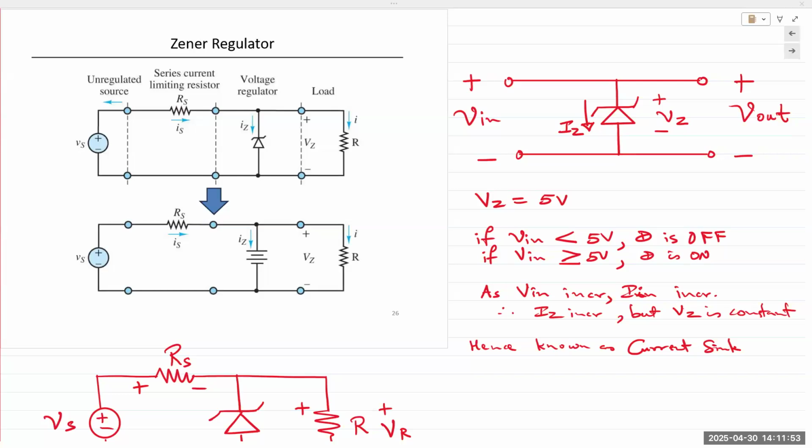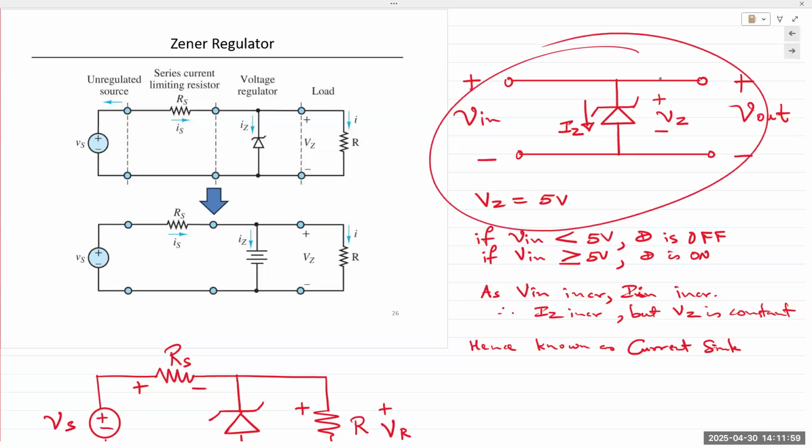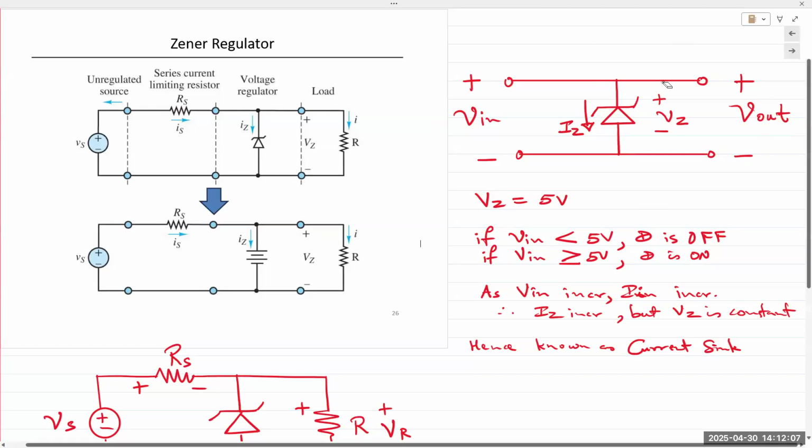All right, so we started the discussion with an idealized version, meaning we just had a simple Zener diode. We are applying V in on the left and obtaining V out on the right. Obviously, this is not possible in real life because a voltage source has the property of keeping the voltage across its terminals constant.